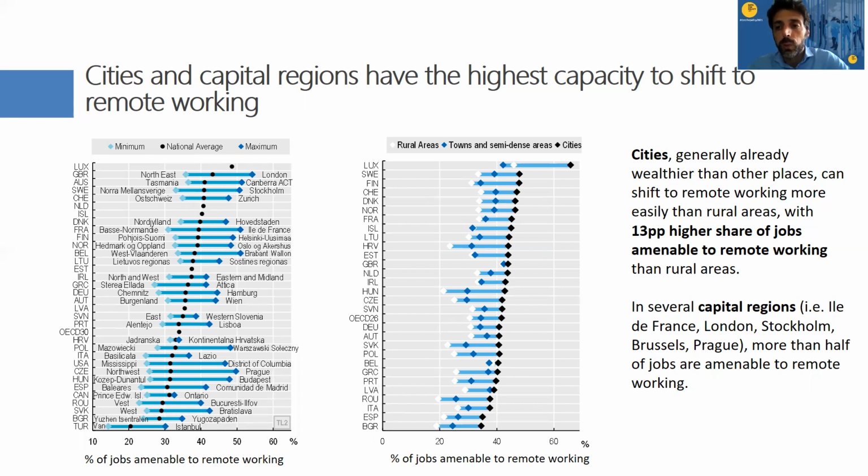And if we tabulate this estimation just by type of settlement, distinguishing people living in cities from people living in rural areas, then we see that there is, on average, a 13 percentage point higher share of jobs amenable to remote working in cities than in rural areas. So this is to say that, if anything, this specific aspect of the pandemic, the massive shift towards remote working, might have exacerbated the existing disparities.